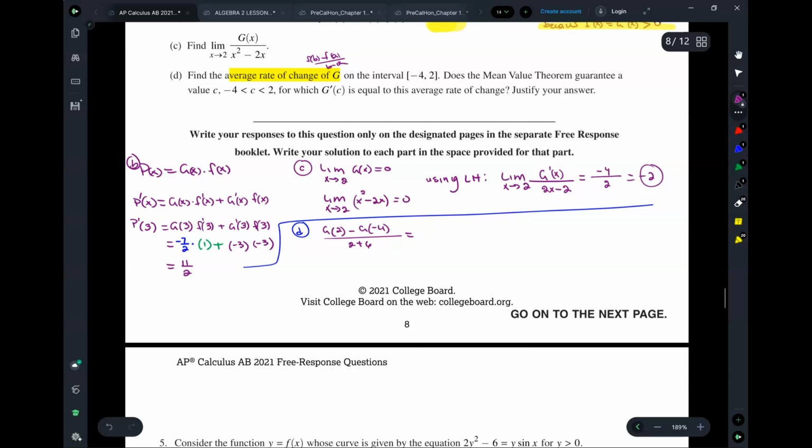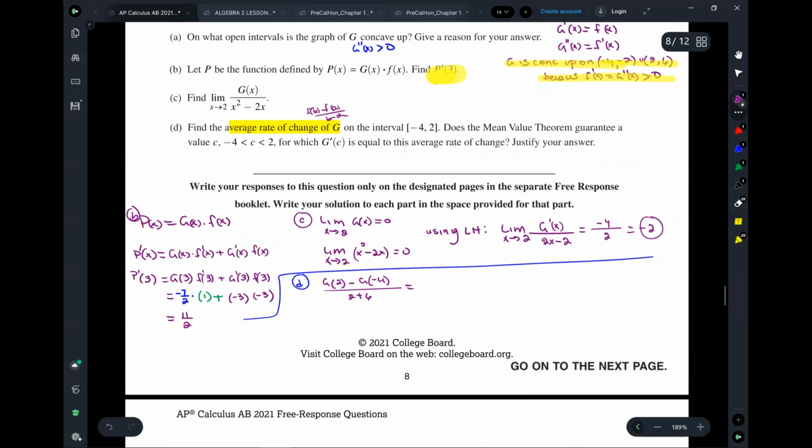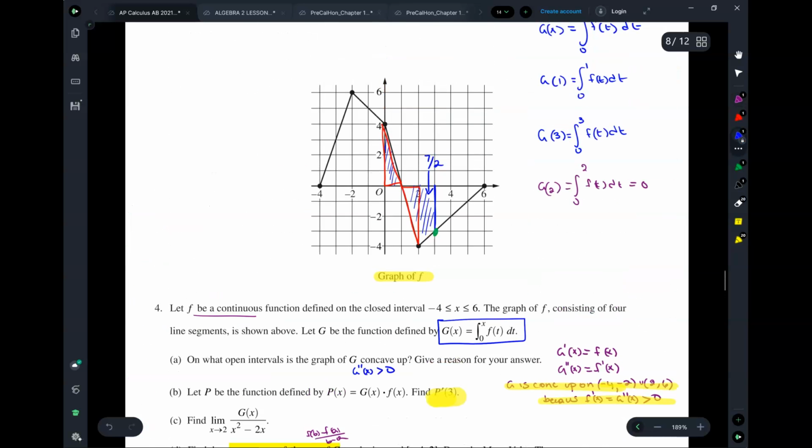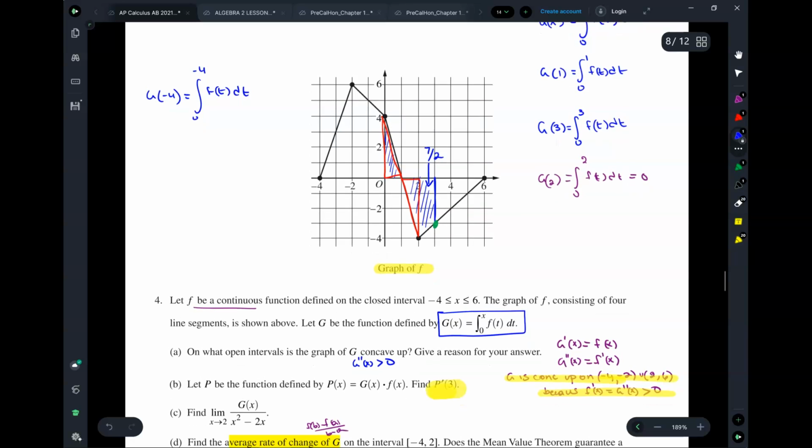Let's go back up here. g of 2, we did that a couple times, is 0. Now let's do g of negative 4. g of negative 4 is the integral from 0 to negative 4 of f of t dt. Well, that won't do. The limits are all switched.